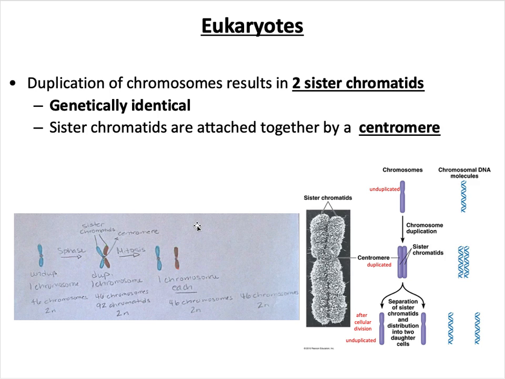That's why you get two genetically identical daughter cells. So for us, each daughter cell, after undergoing mitosis, will have 46 chromosomes, which is the diploid state. The other daughter cell will have 46 chromosomes, also that diploid state. So this daughter cell will be genetically identical to this daughter cell.